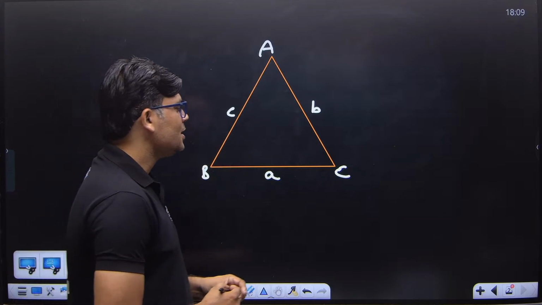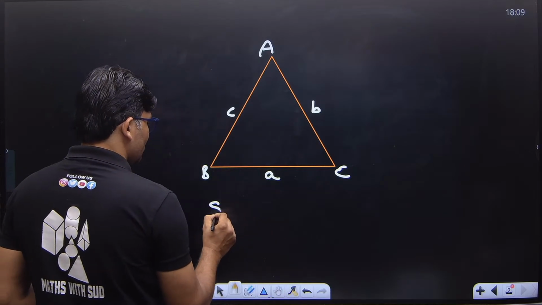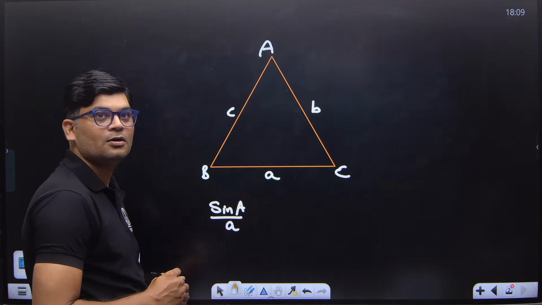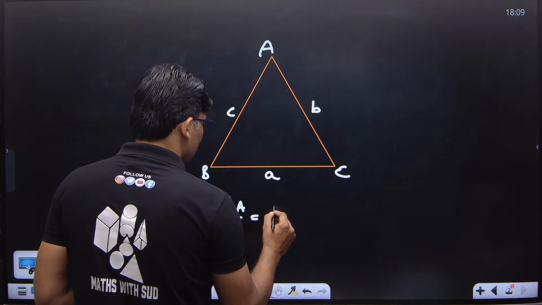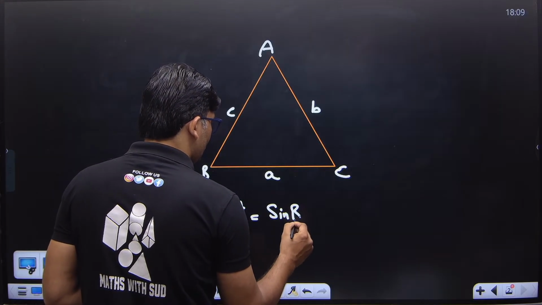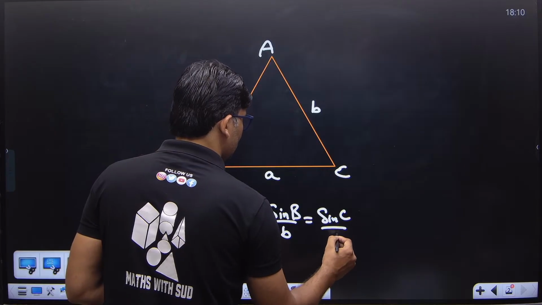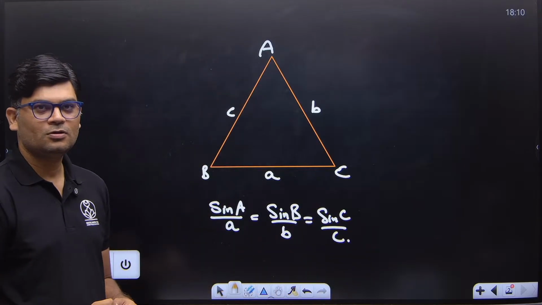So according to the sine rule, sine A upon a is equal to sine B upon b is equal to sine C upon c. This is the sine rule.